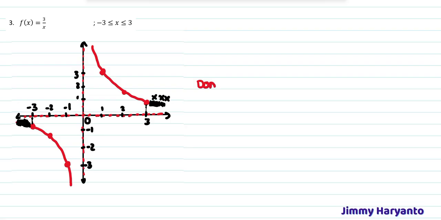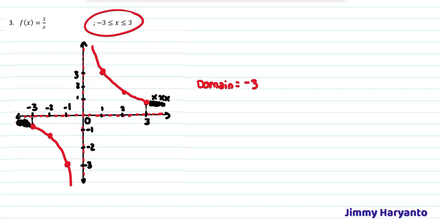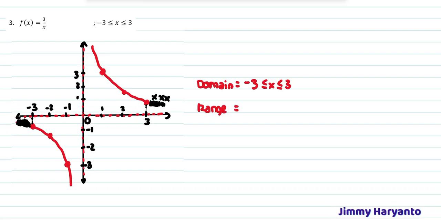So let's take a look at the domain. The domain is the range of values of x, which is negative 3 less than or equal to x less than or equal to 3. And then for the range, you will see the values of y. The values of y for this part start from negative 1, and then vary from negative 1 until very small numbers. Let's say it can be until negative 100, negative 1000, negative 1 million, because it will be going down infinitely.